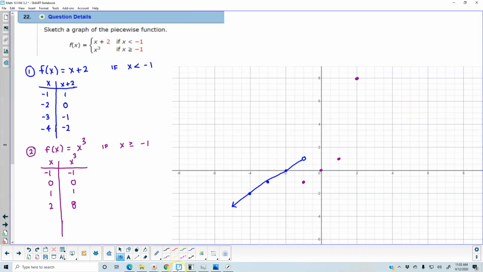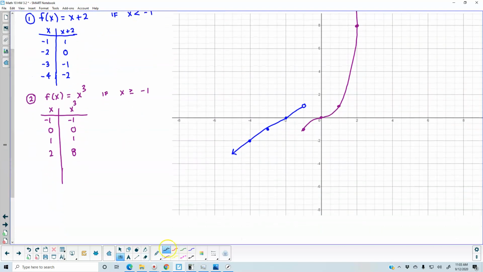So we got to make sure that our graph is going to be taking this shape here. Now, we also know that at this point here, it starts at the value of negative 1 with a closed circle. And so therefore, this is the graph of this piecewise function.